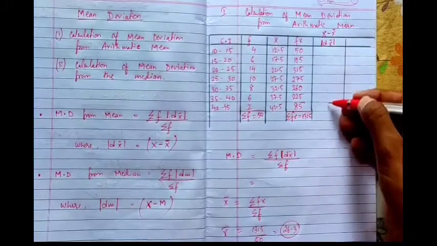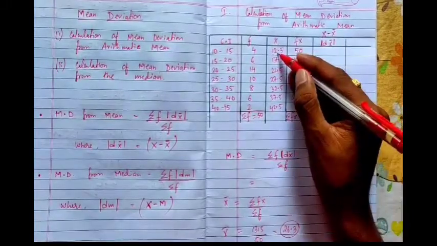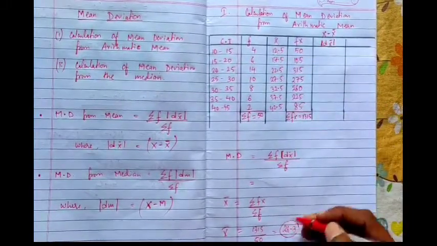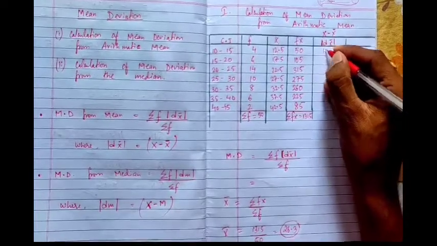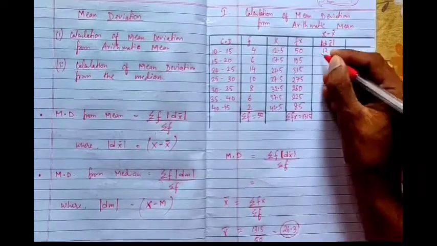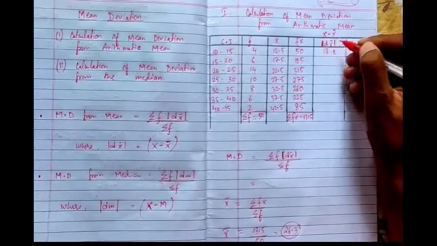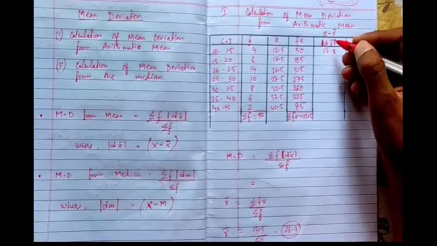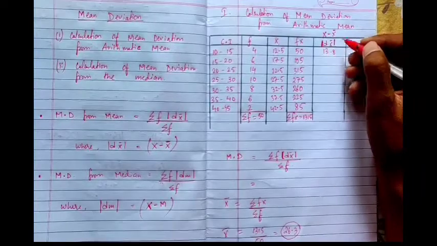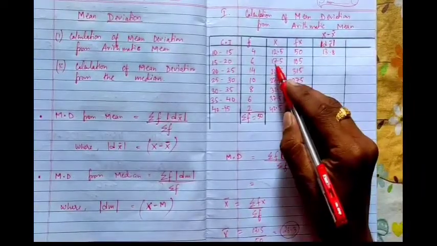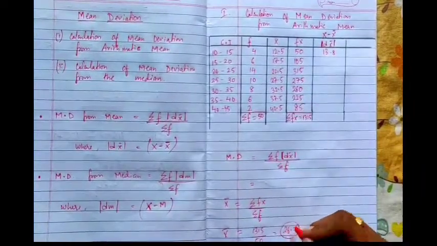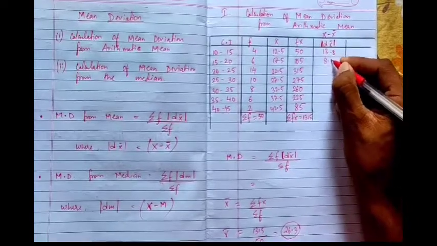This way we'll fill up this column. 12.5 minus 26.3 gives minus 13.8. We will not write minus because we have this modulus, so the minus will be ignored. Next, 17.5 minus 26.3, you will get 8.8.